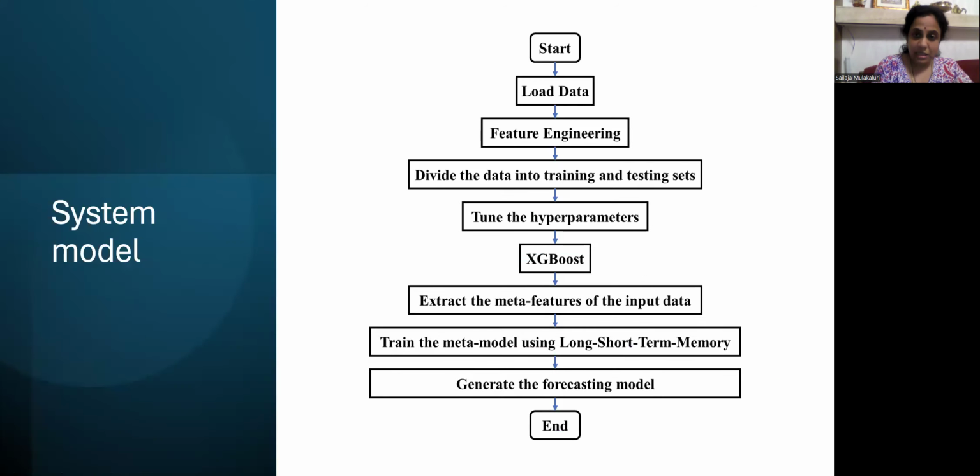The overall system model is portrayed in this flowchart. Here we have the flow, which starts with loading the data. Then relevant features are created from the raw data to improve the performance of the model.